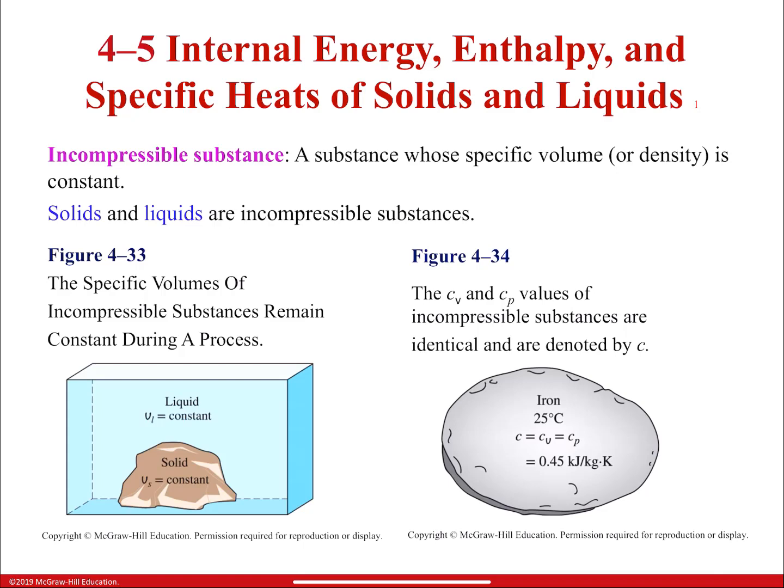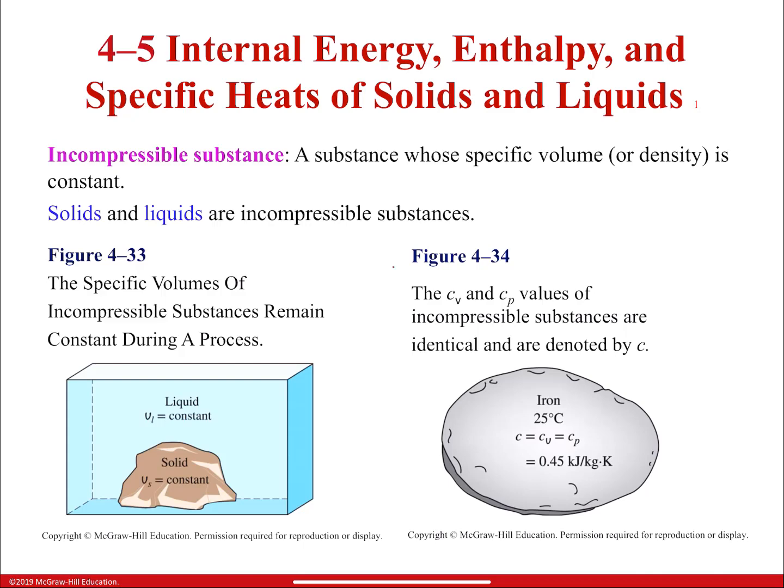An incompressible substance is a substance whose specific volume or density is constant. Solids and liquids are incompressible substances. So we're going to develop similar equations to the ones we developed before, but now Cv and Cp are pretty much equal to C because they're the same thing, okay?